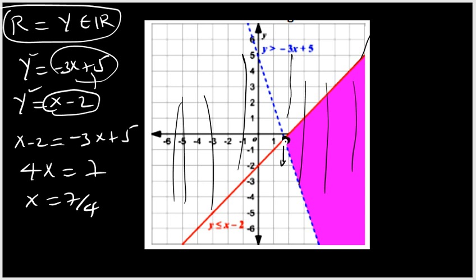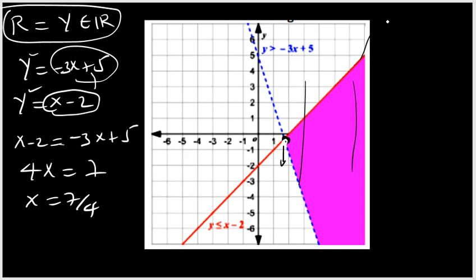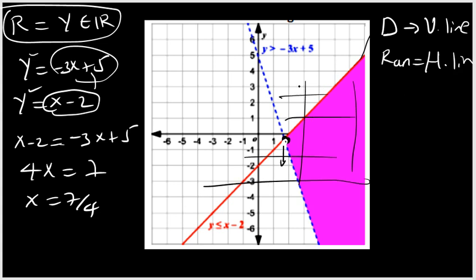The domain will be checked by the vertical line test, and the range will be checked by the horizontal line. For this graph, a horizontal line is crossed anywhere, so the range will be the set of real numbers. Don't forget it.